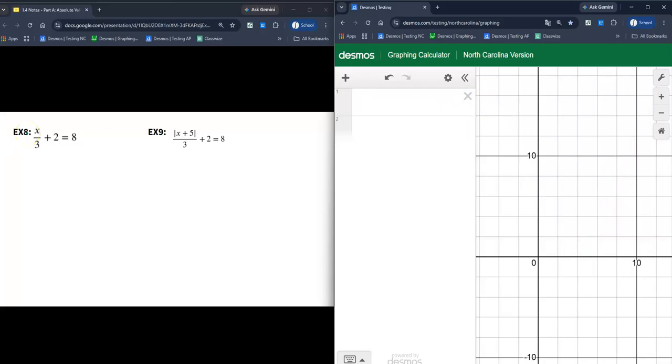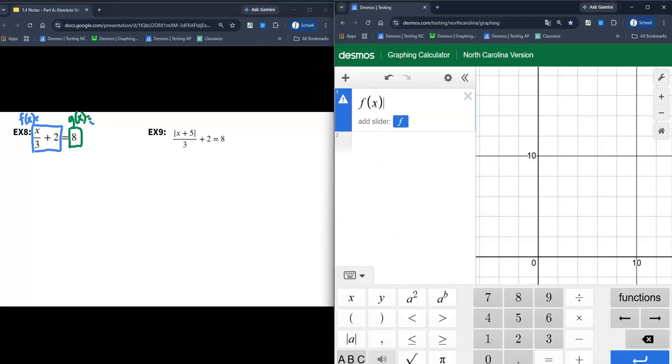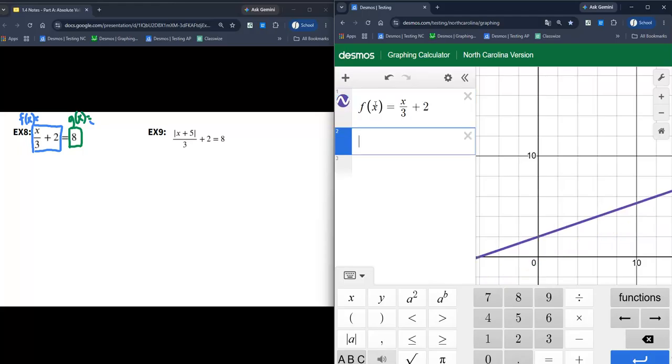If I want to solve this one on Desmos, for example 8, it's always the same. This one isn't even an absolute value problem, but I can take the left side and call it f of x, and take the right side and call it g of x. So f of x equals x over 3 plus 2.